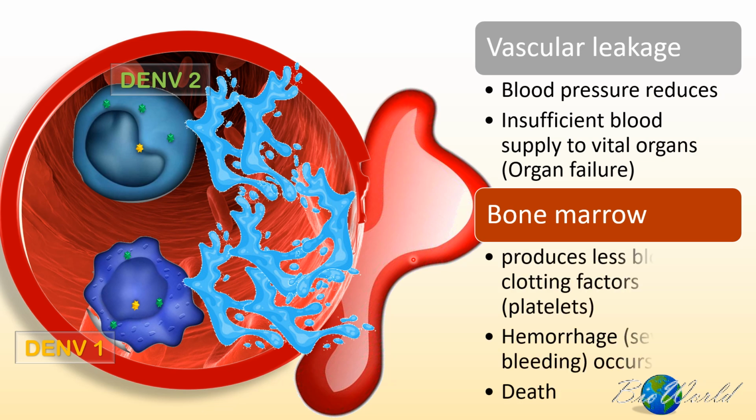So now the bone marrow is not producing sufficient platelets. Platelets are necessary for blood clotting to happen. So since we don't have enough platelets, excessive bleeding occurs, which we call hemorrhage. So organ failure added with all this hemorrhage will lead to death.